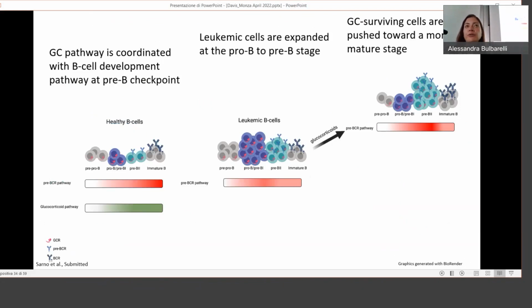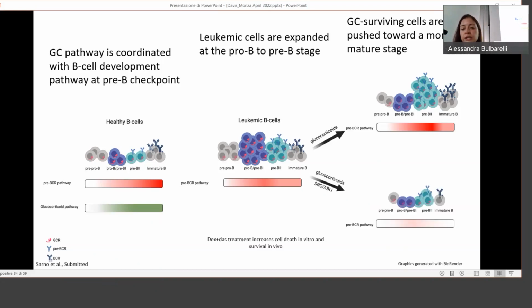But the cells that actually survive after glucocorticoid treatment seem to be pushed to a more mature state in which they may be more reliant on the pre-BCR signal, and we can actually improve or abolish that reliance by treating them with a targeted therapy like dasatinib that will turn off that signaling. And this can actually result in a survival advantage in a preclinical model.